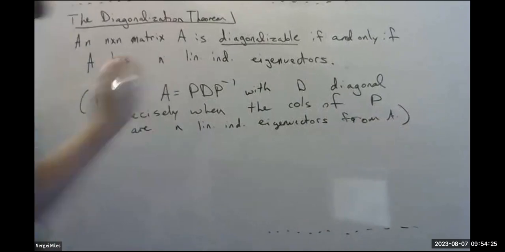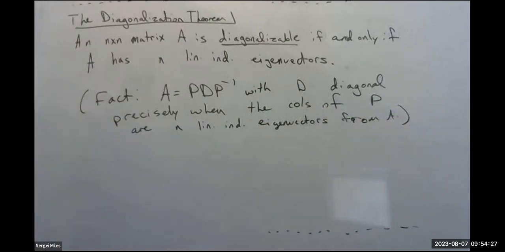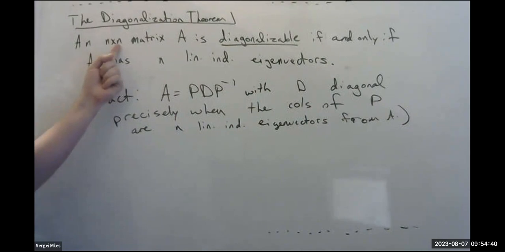So in fact, this tells us how we construct the matrix P. The matrix P is going to be made out of the eigenvectors. And when we have n of them, it will form a basis for Rn.